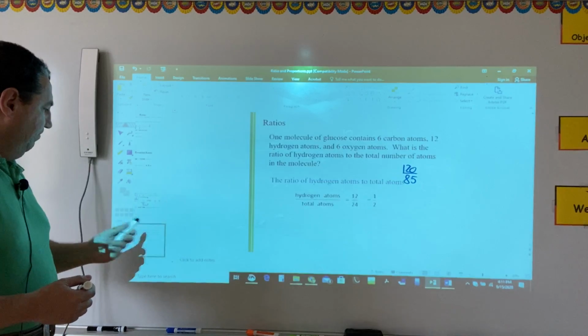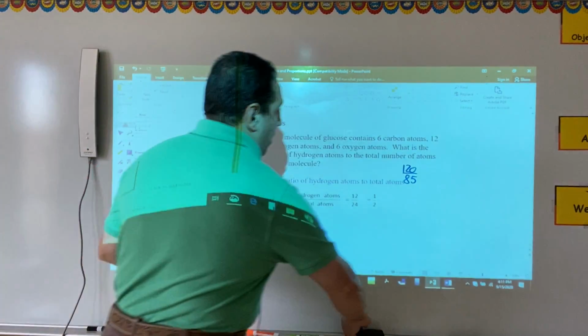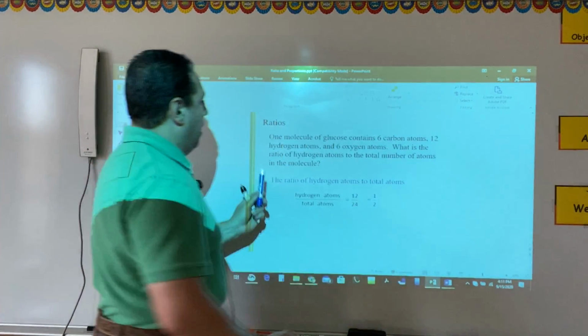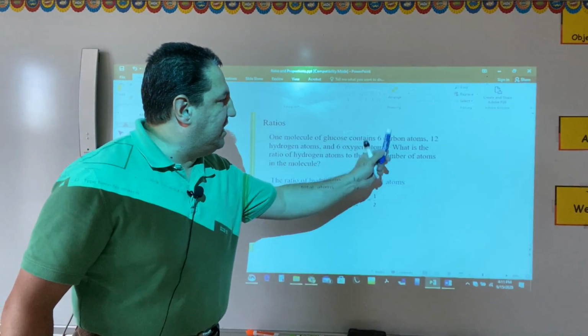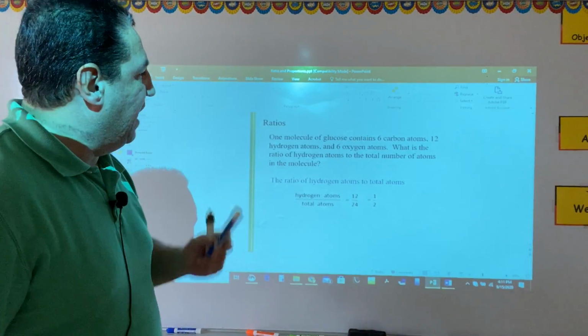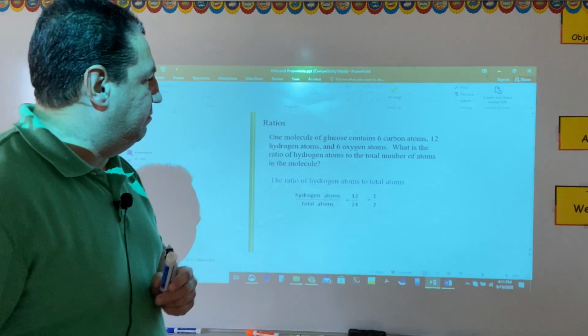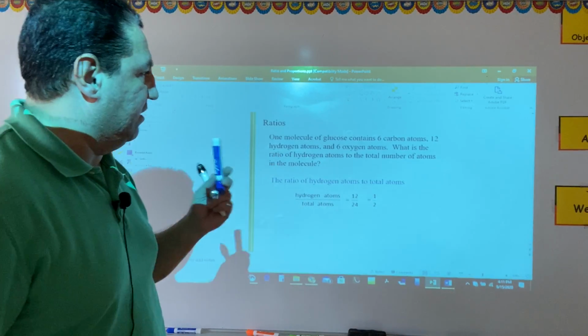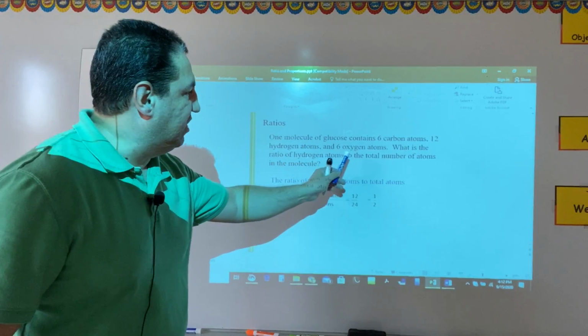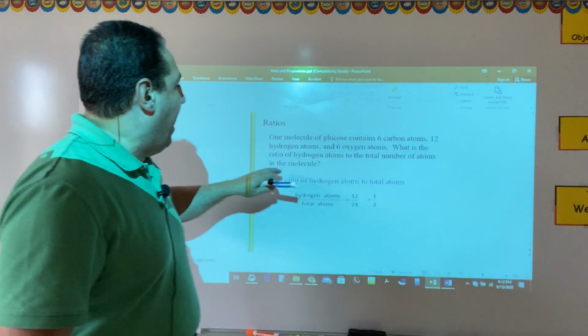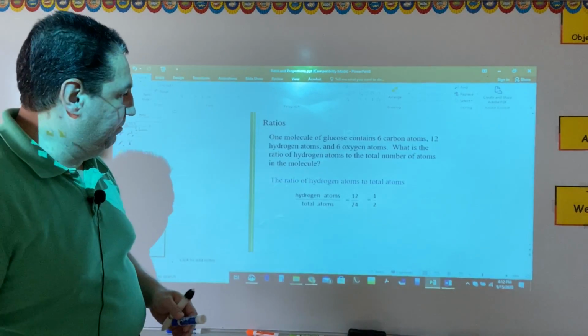Another example. One molecule of glucose contains 6 carbon atoms, 12 hydrogen atoms, and 6 oxygen atoms. What is the ratio of hydrogen atoms to the total number of atoms in the molecule?